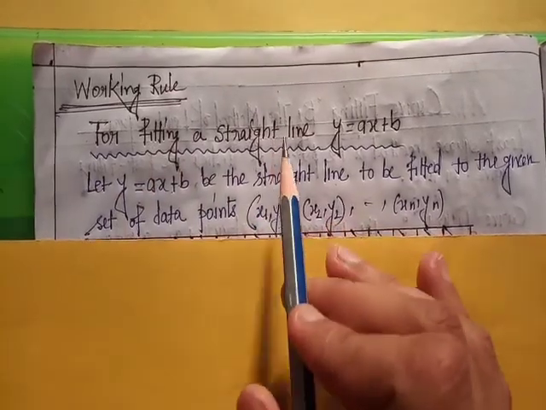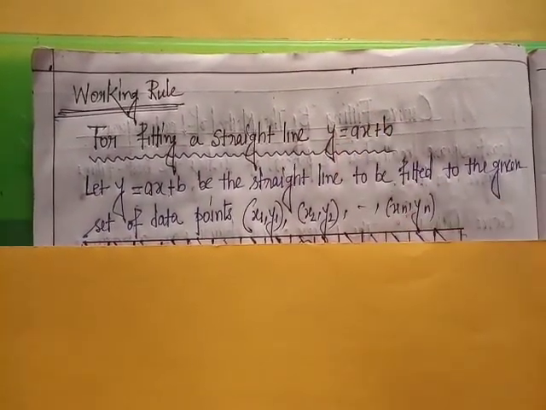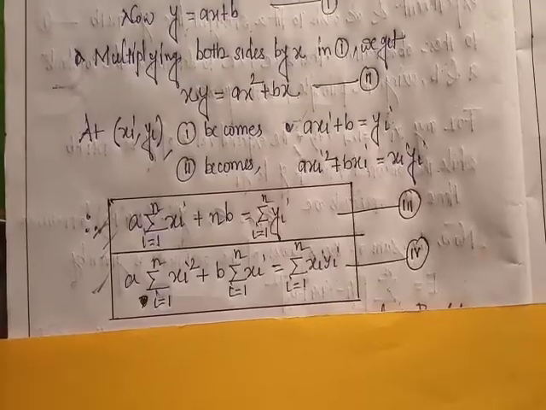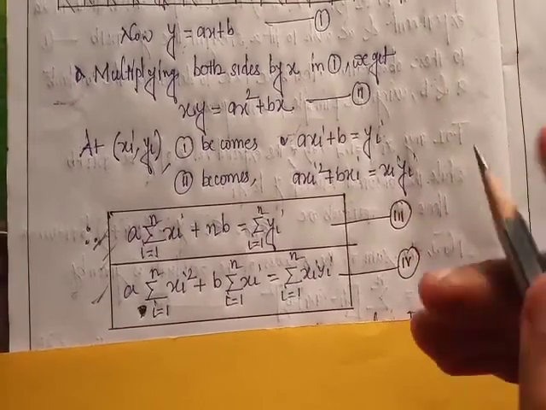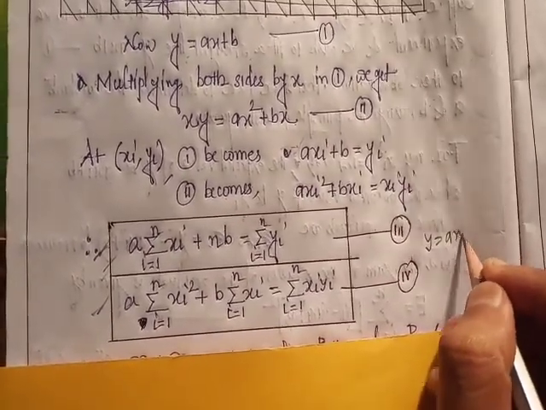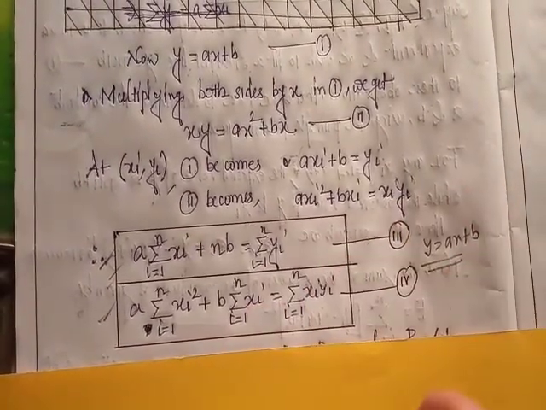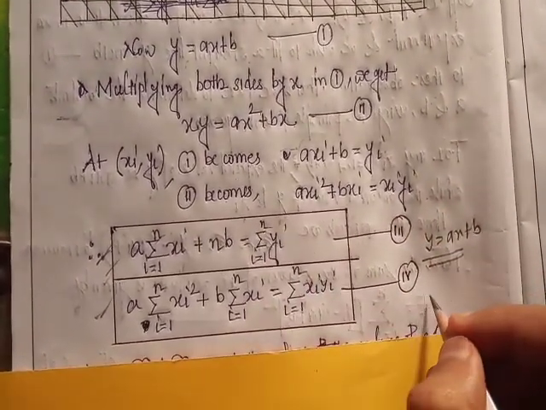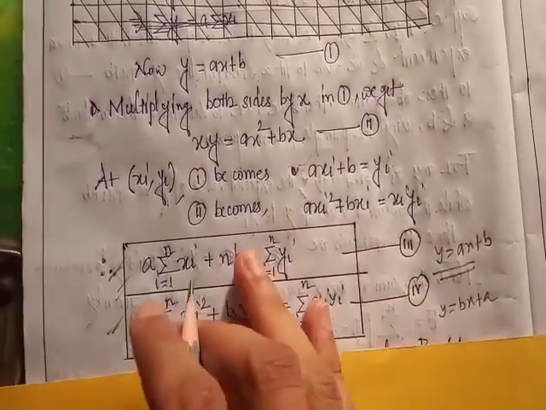For fitting a straight line y equal to ax plus b we get these two equations, and for fitting a straight line y equal to bx plus a, just interchange a and b.